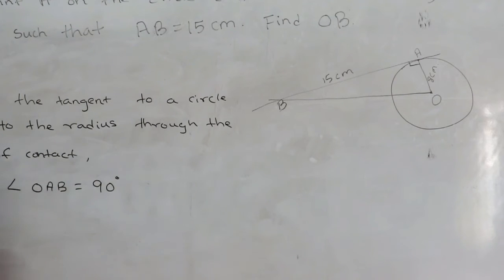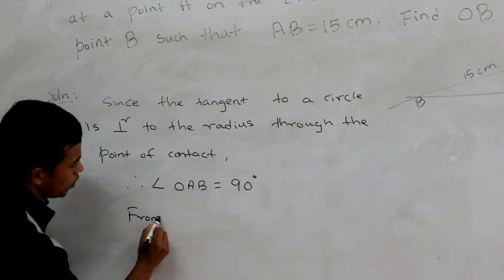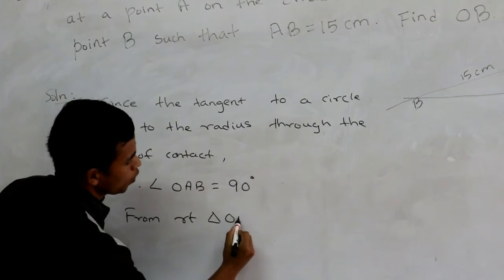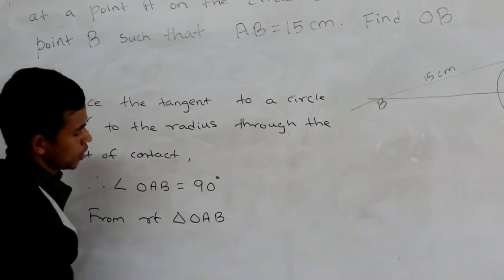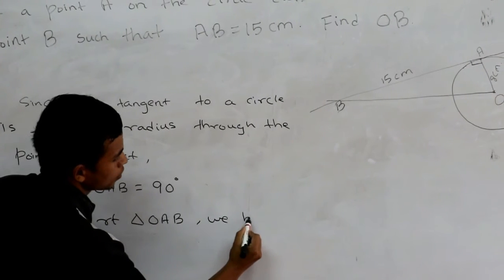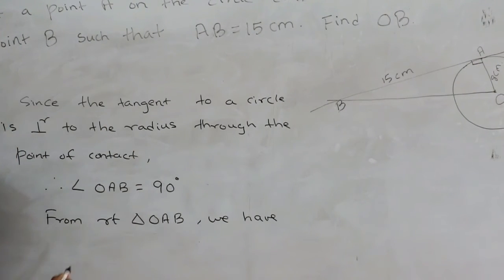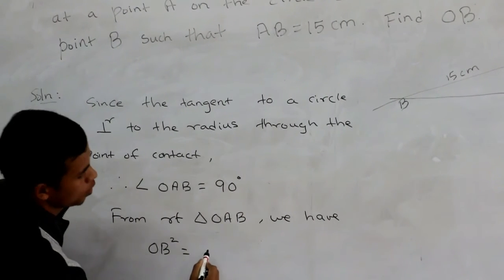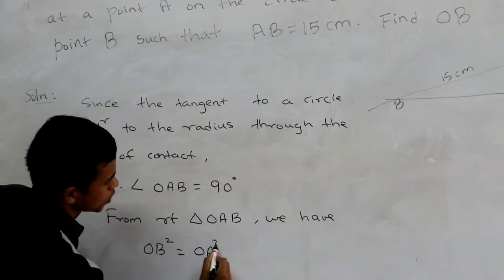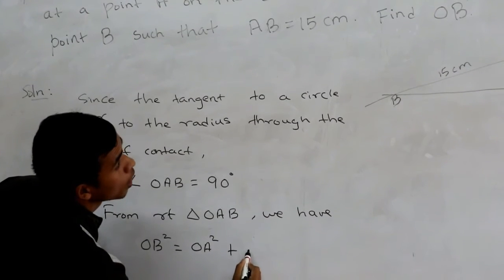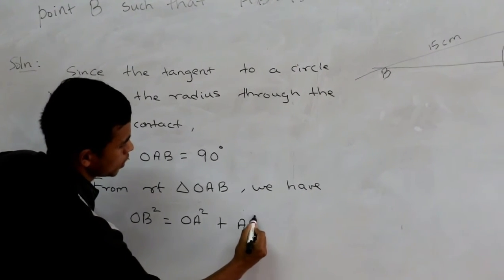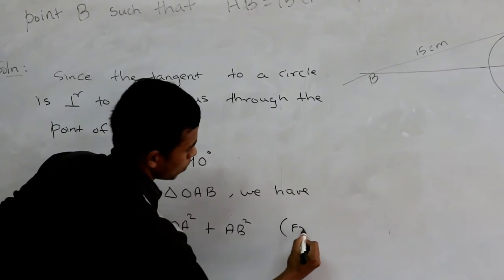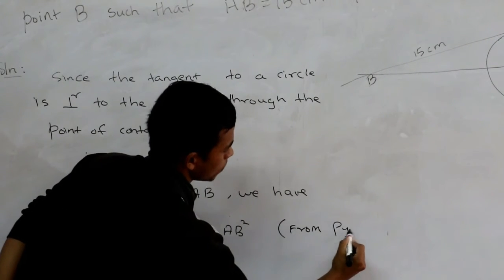So from right triangle OAB, we have OB square is equal to OA square plus AB square. We get this from Pythagoras theorem.